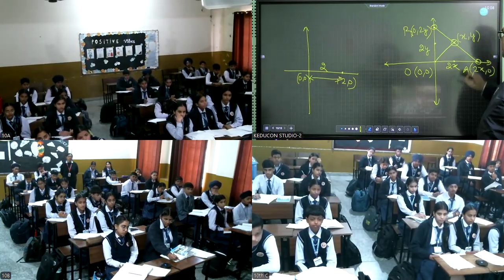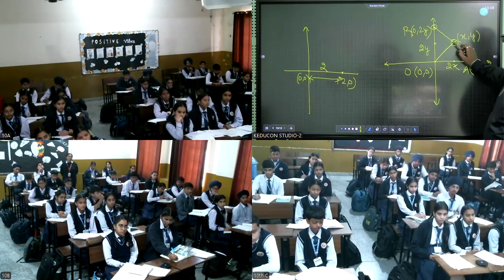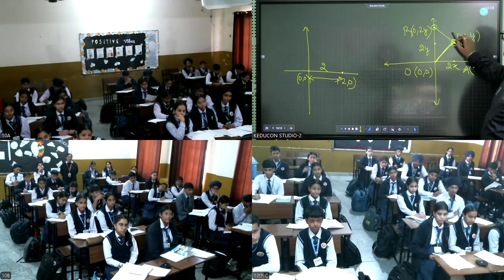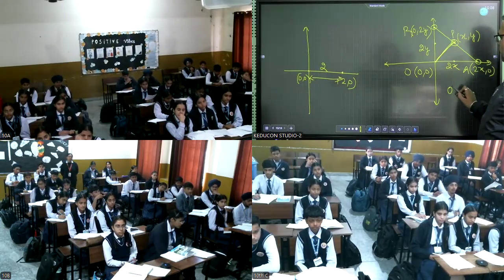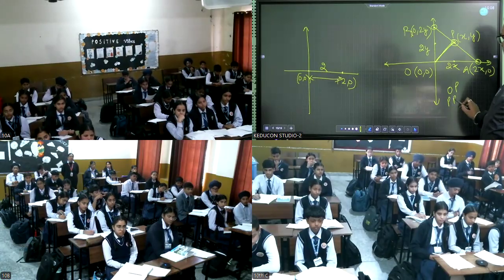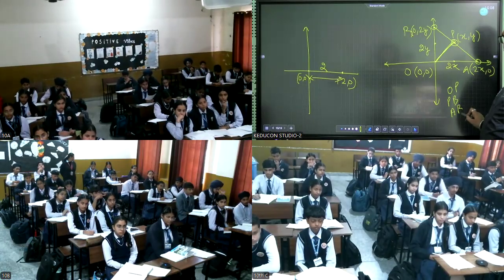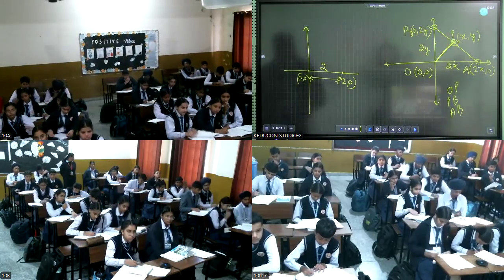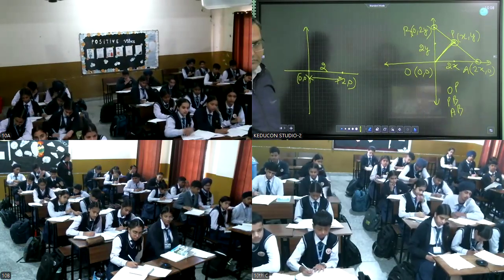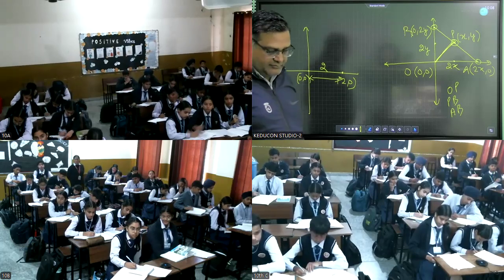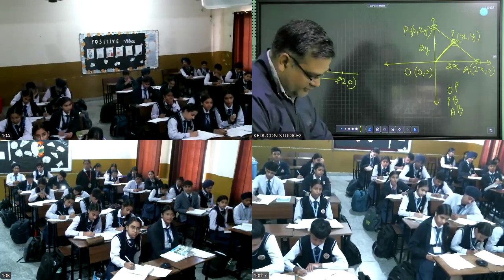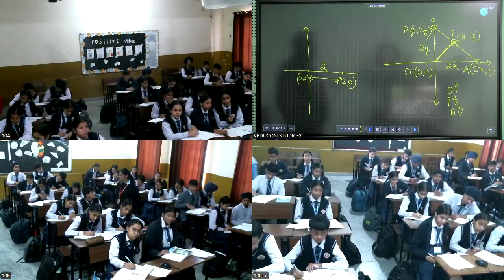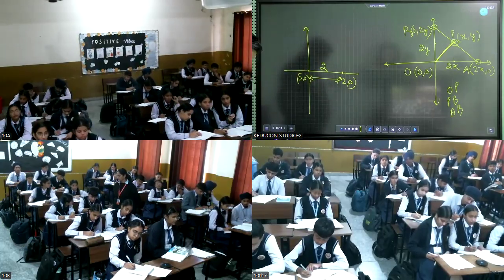This point will be. Now calculate the distance of, let's say this point is P. Calculate OP, PB and AB. Please calculate बच्चों. Please calculate this distance. OP, PB and AB.